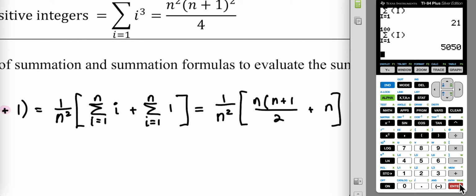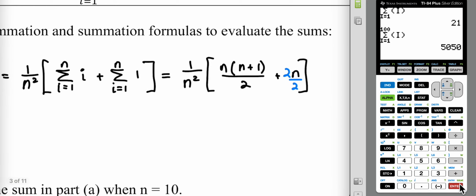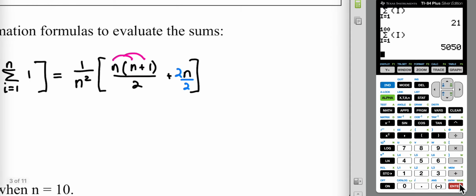All right, so now I have an algebraic expression that doesn't contain a summation, and we know algebra, so we can evaluate it using ordinary means. I didn't close my parens here, so let me take care of that. Let me get a common denominator. Put it all together. I can do a little distributive property. Just be careful on an assessment. The directions aren't always going to tell you to simplify. When they do tell you to simplify, obviously you have to simplify. But if they don't, then don't.